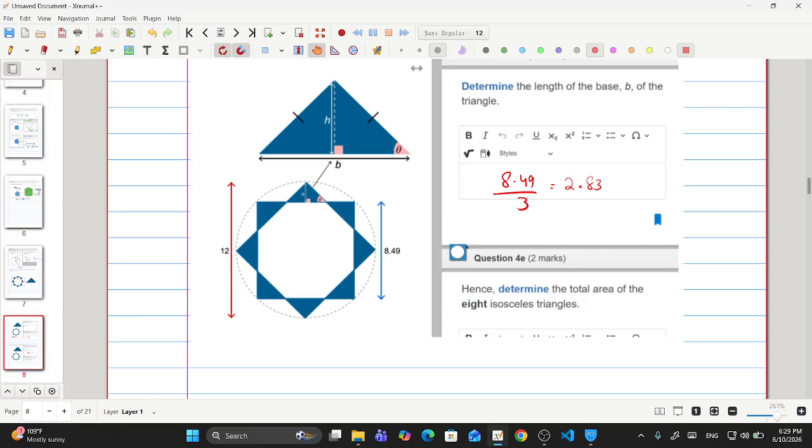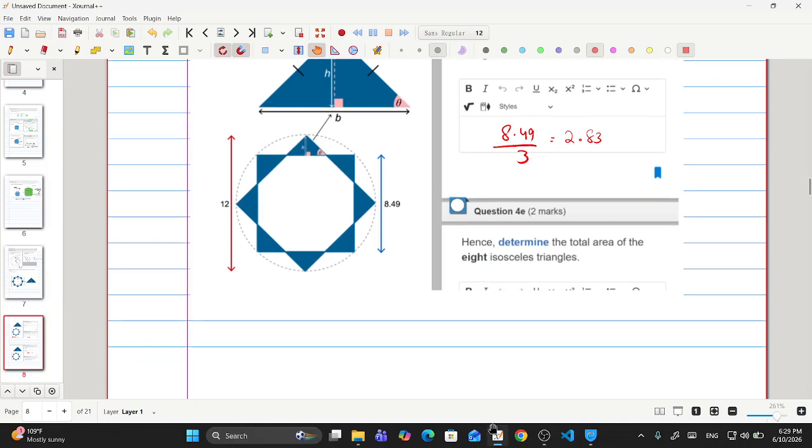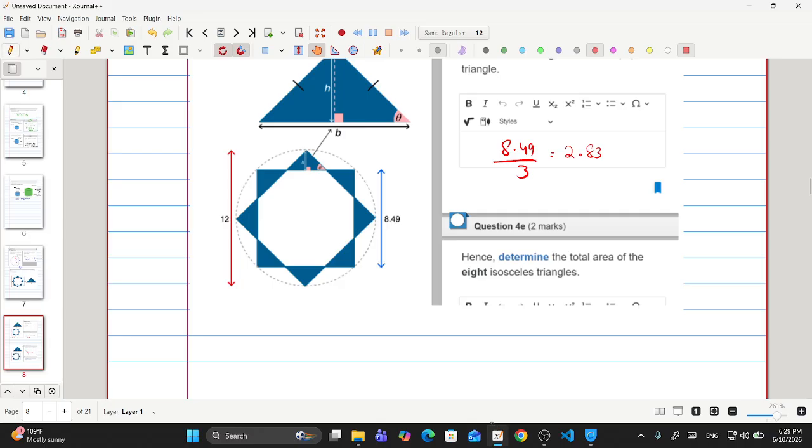Okay, so this question can be solved in this way. Total area of the 8 isosceles triangles. Now, if you were to look at one triangle, the entire base was 2.83.